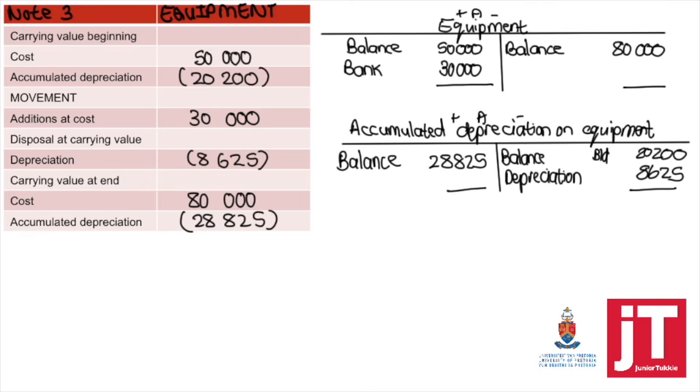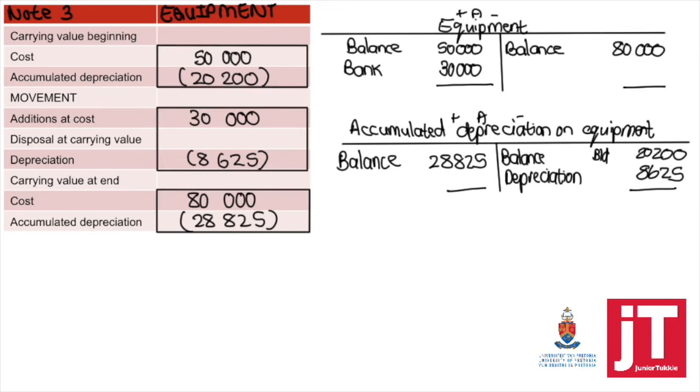It should reflect exactly the same amount. To work out the carrying value, cost minus accumulated, if we take the carrying value in the beginning plus the movement equals the carrying value, it should give you exactly the same answer if you take the cost at the end minus the accumulated at the end.